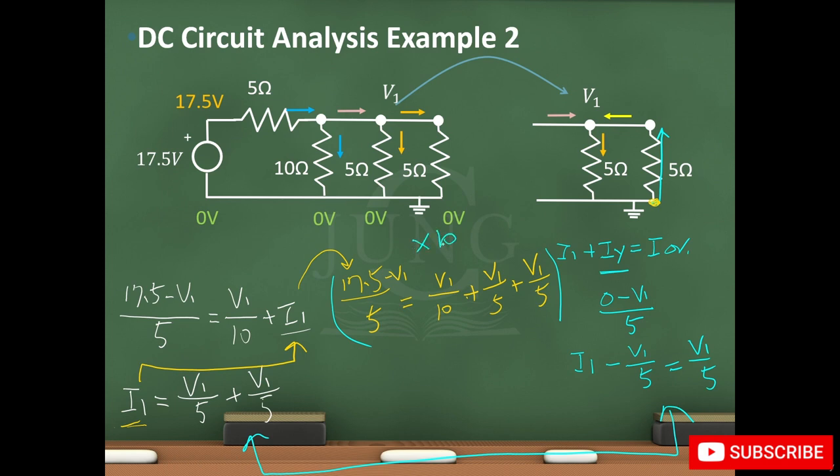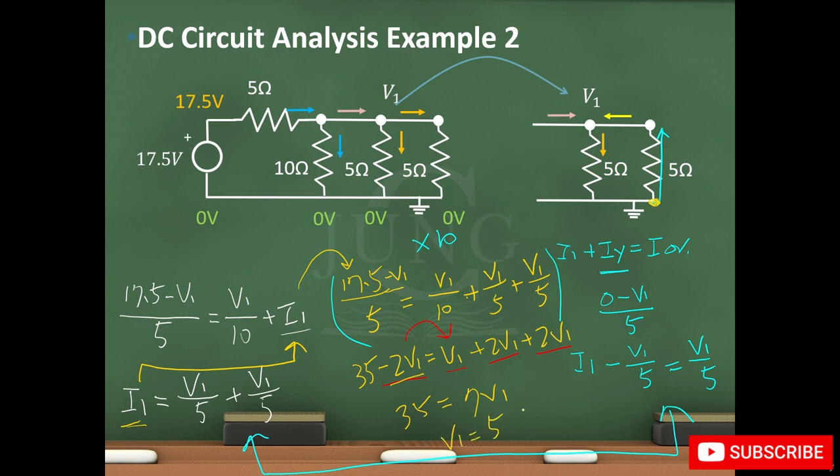On the left, we have 2 times 17.5, which is 35, minus 2V1, equals V1 plus 2V1 plus 2V1. Now we can put everything with V1 on the right. So V1 plus 2V1 plus 2V1 plus 2V1 is 7V1 equals 35. And therefore V1 equals 5 volts.